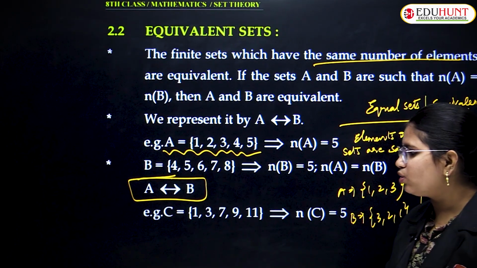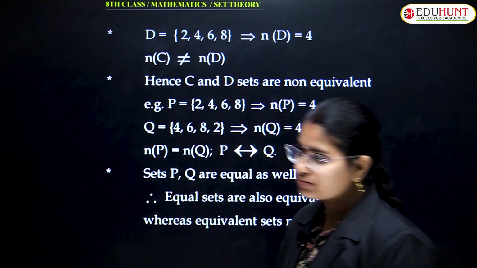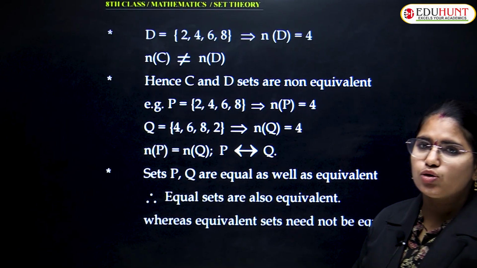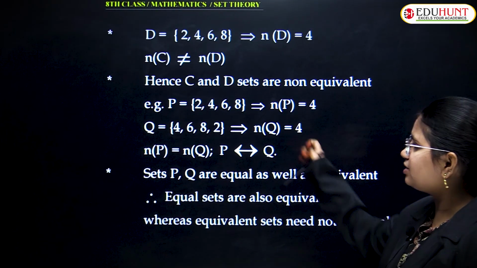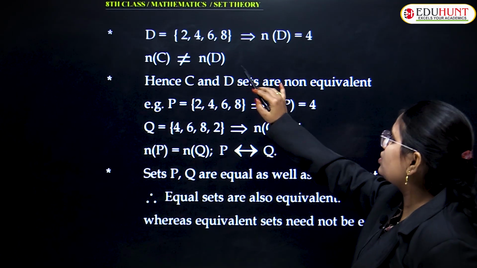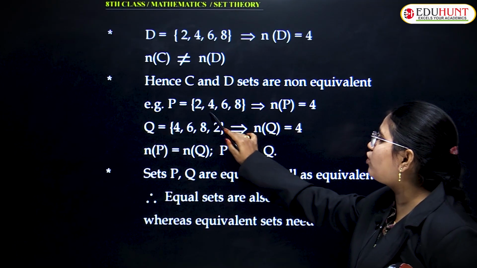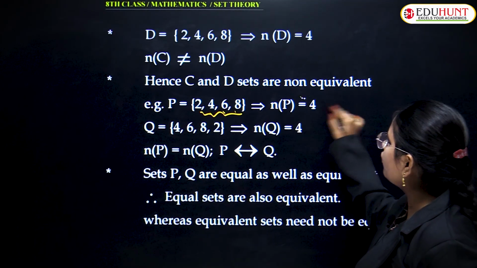Next we are going to discuss worksheet problems of exercise 2 related to cardinality and equivalent sets. So this is about equivalent sets. Let me take another example, P = {2, 4, 6, 8}. What is the cardinality of set P? 4.